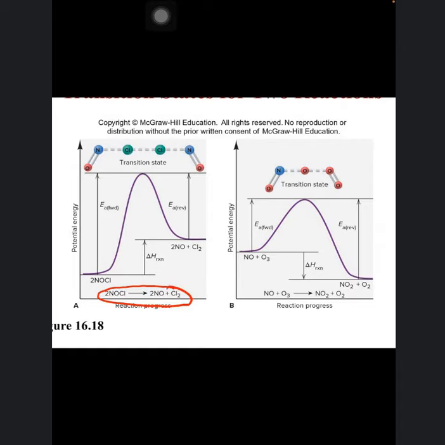So kita kena sketch ni potential energy for our y-axis, dan x-axis kita akan label sebagai reaction progress. So kita tahu kita akan mula, ini tenaga lah, paras tenaga sebenarnya, y ni paras tenaga. So kita akan start dengan kat sini adalah reactant kita, which in this case is NOCl. Okay, and then we know that the collision kena berlaku, kena vibrate dulu molekul, and then kita tahu yang berjaya, molekul yang berjaya adalah molekul yang boleh overcome activation energy.